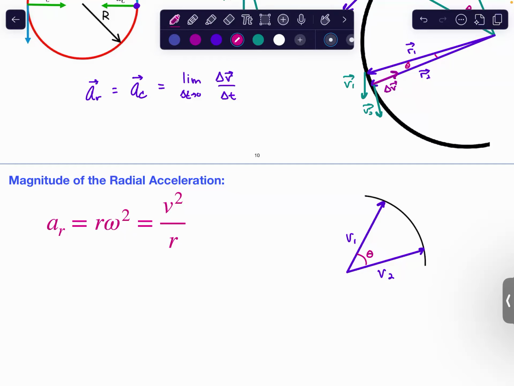So pretty much the arc length that they draw out, a good approximation for that is going to be delta V. And so the way you can look at this is two of your velocity vectors are going to end up drawing out an arc length with the radius of the velocity.